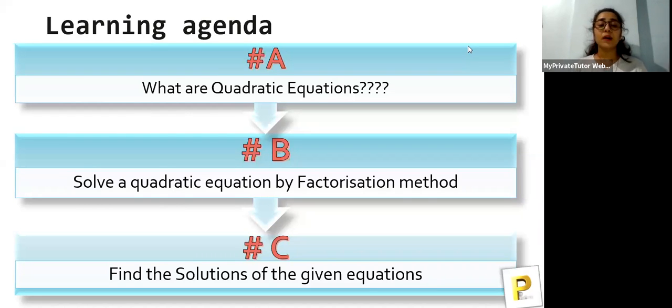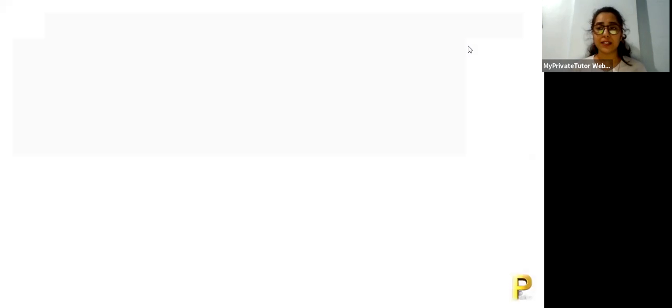Once we understand what quadratic equations are, we move to factorization. In hashtag C, we have some questions that we'll solve by the factorization method.